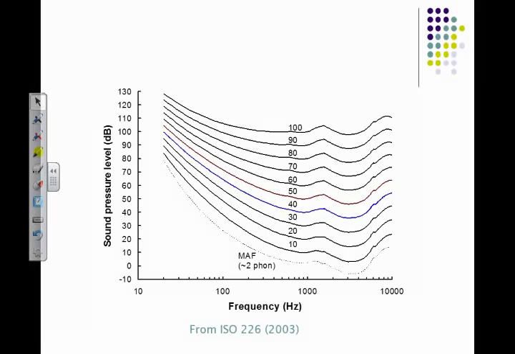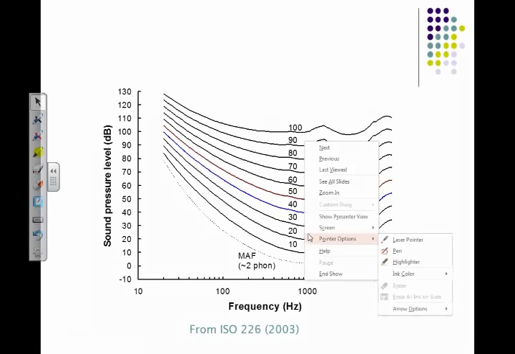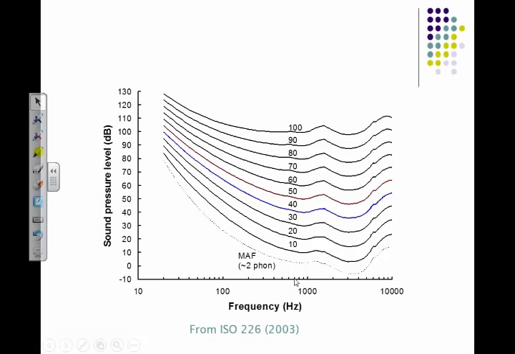So that gives us one way: if we want to know how loud something perceptually is, we ask the person to adjust the 1000 Hertz tone to be equally loud. Because we then know how loud this 1000 Hertz tone is, we know that this person would say, okay, this sounds like 70 phone to me. Okay?